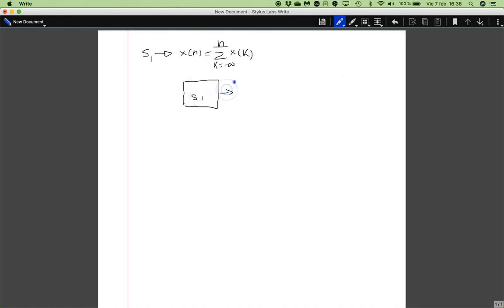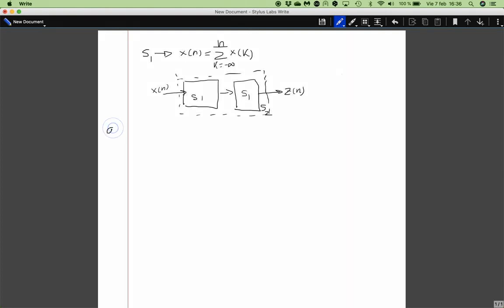So we put S1, and in the output of S1 we put another S1. Then we get the final output that they call y[n], and the input of the first system they call x[n], and they define the system S2 as just putting these two systems in series.